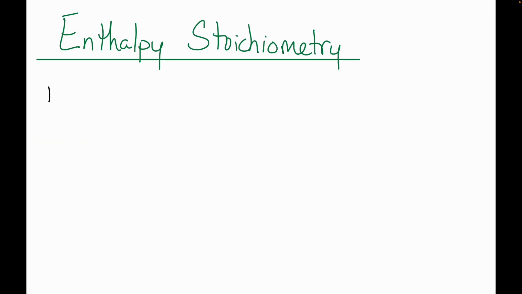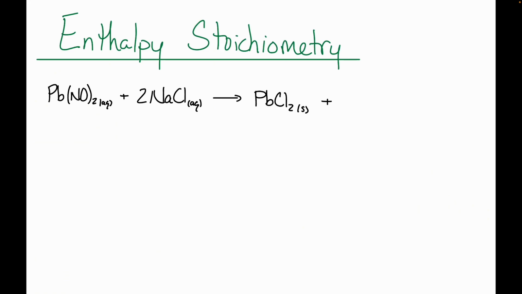All right, so we said that this was Pb(NO3)2. And we calculated the delta H of this reaction to be negative 26.1 kilojoules per mole.